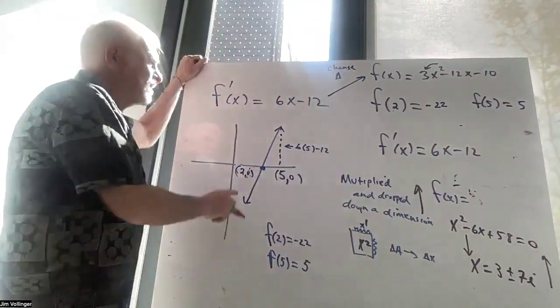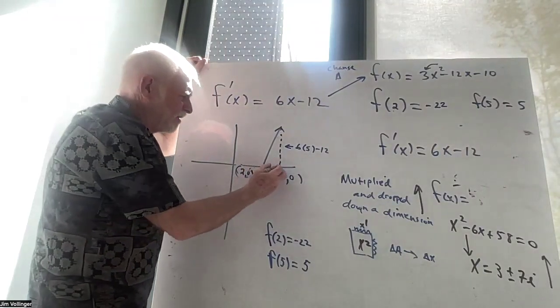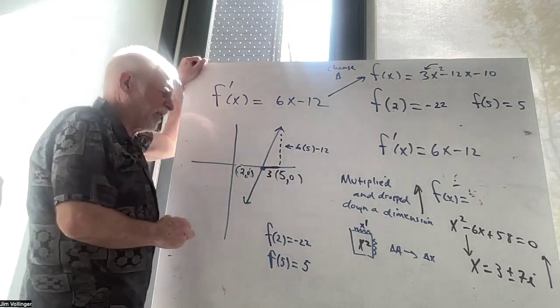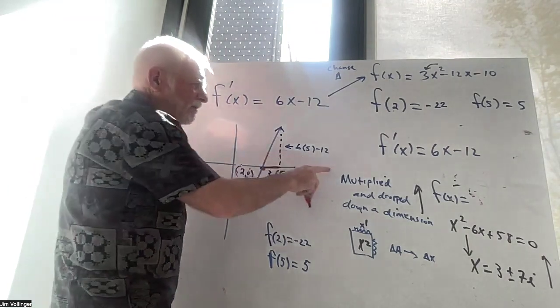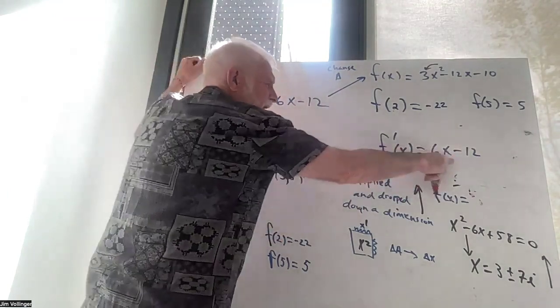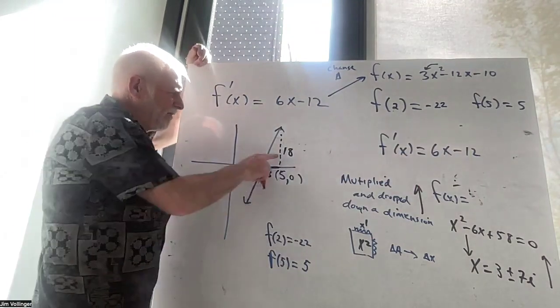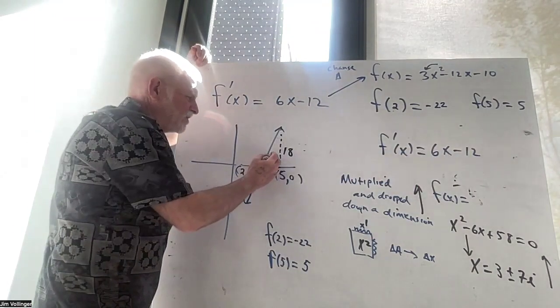So I just kind of looked at 6x minus 12, and I can see that from 2 to 5 is 3 units of width change. And if I put 5 into this function, I get 18 units of height. 3 times 18 is 54. That's a triangle, so that's 27.